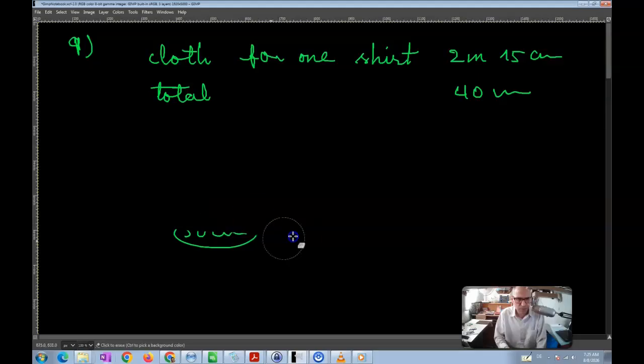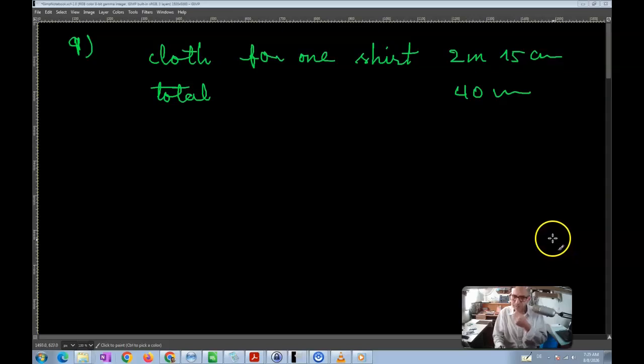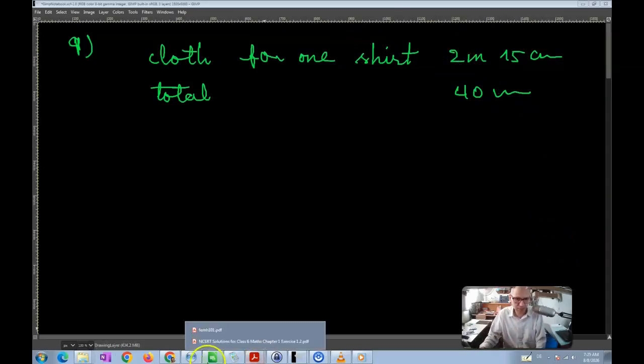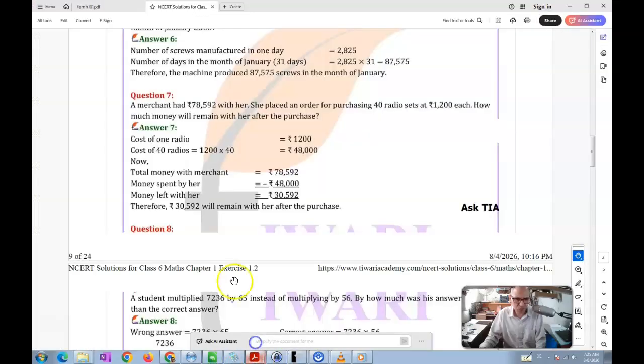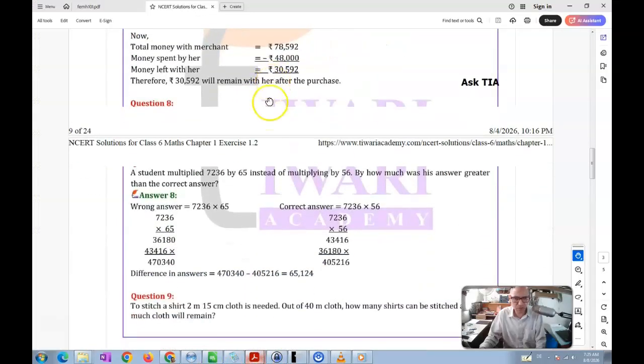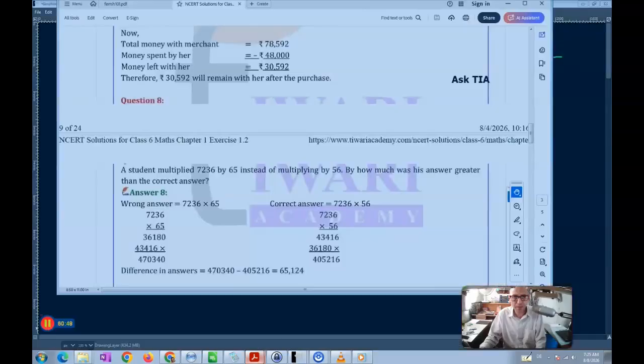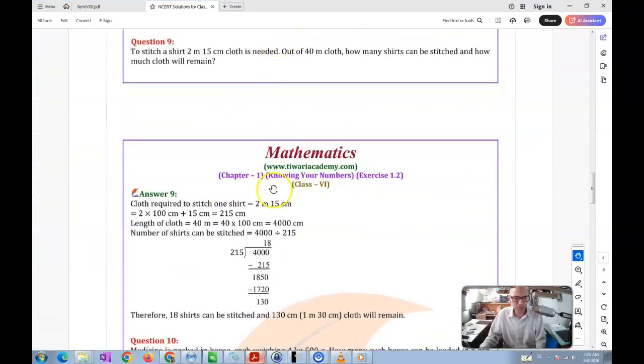Now, coming back to this problem, let's take a look at the solution and see how they have done this. It's question number 9.